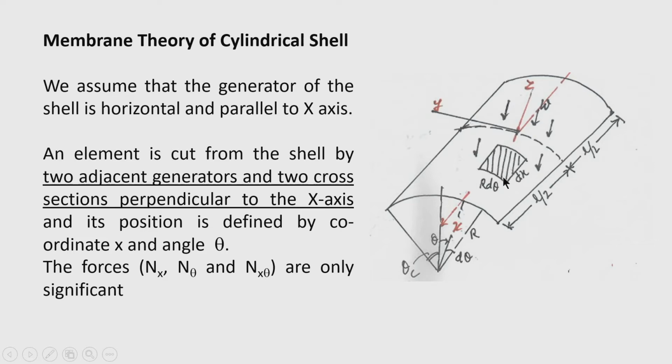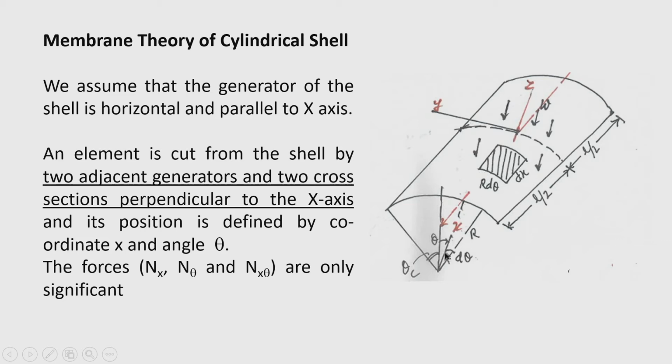So, the rectangular element is taken whose one side is dx and another side is r d theta. Theta is measured from the crown. This is the crown of the shell, that is the highest point, and from this vertical axis the angle theta is measured.